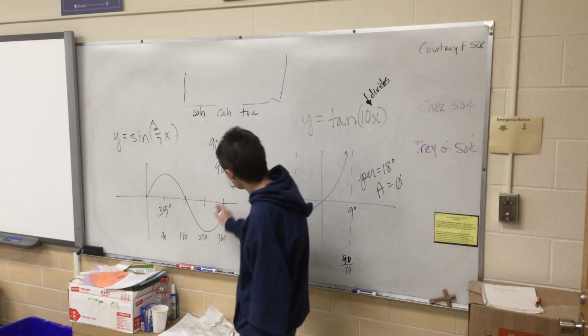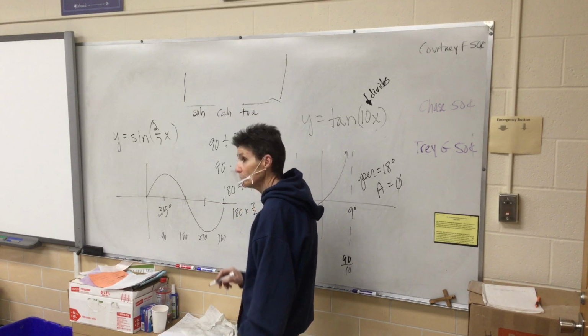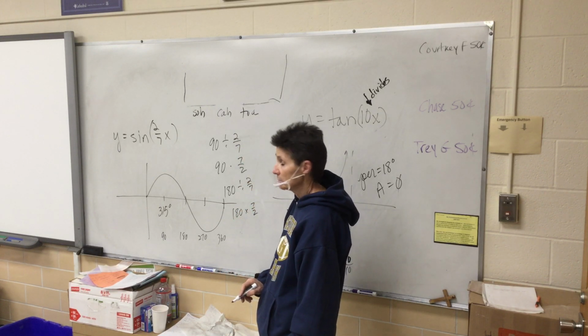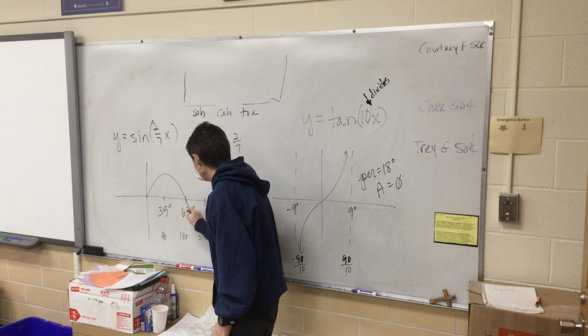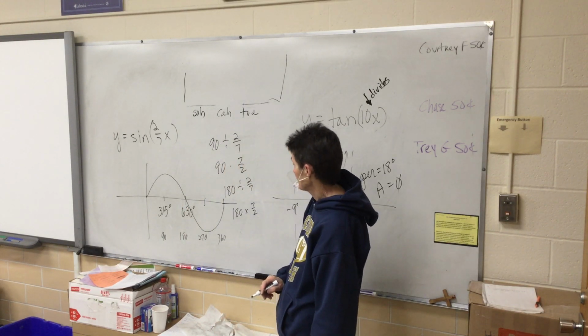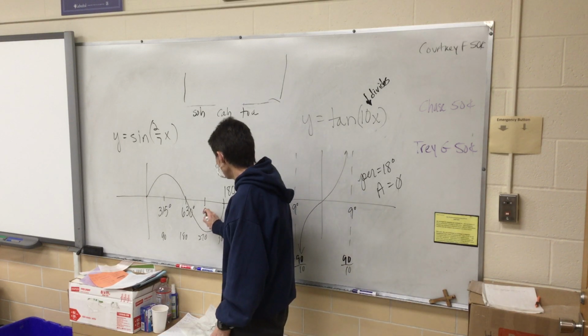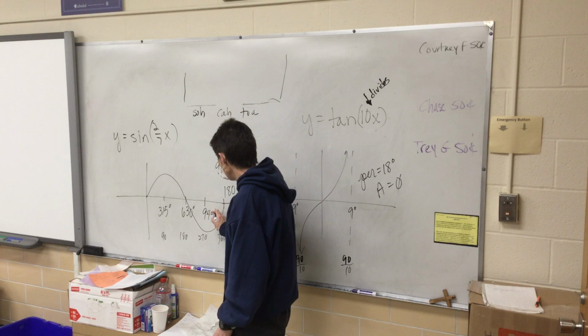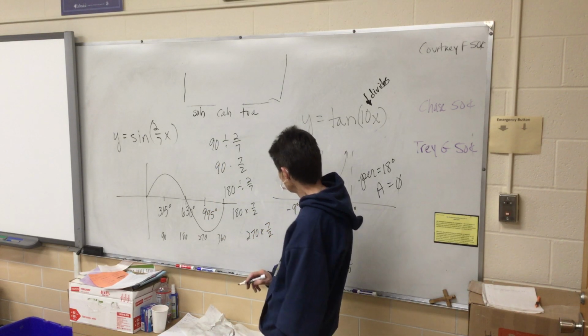So then the next one is going to be 180 divided by 2/7, which is 180 times 7/2. So that'll be 630. And the next one will be 945 because it's 270 times 7/2.